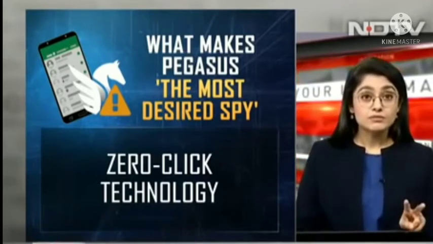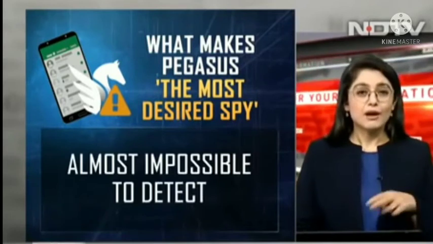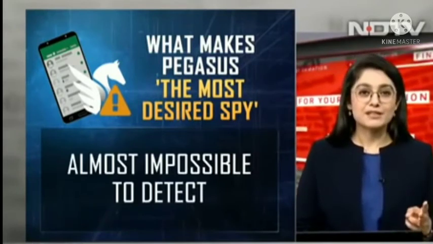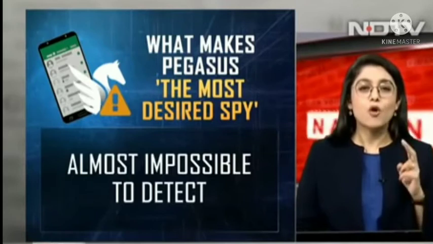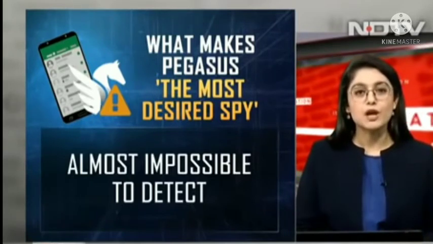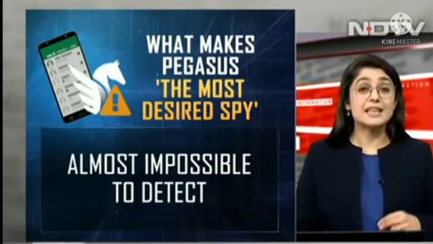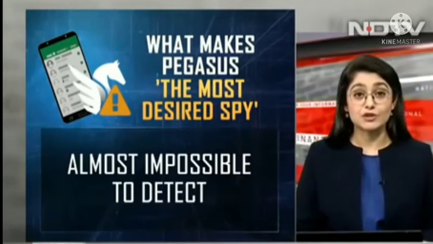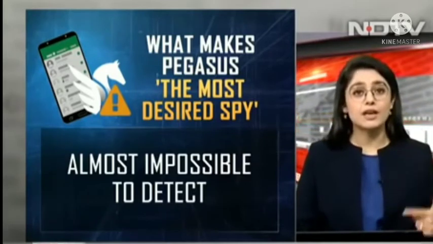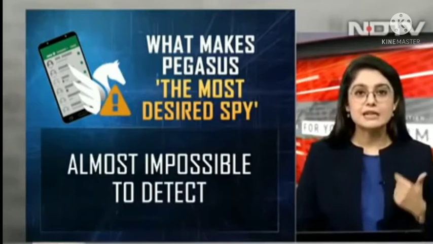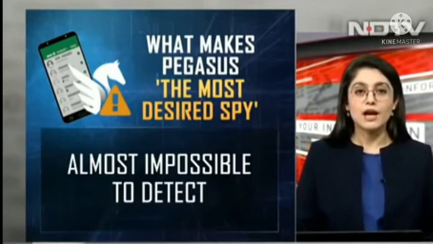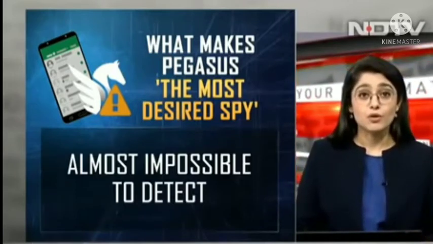Reason number 2 is that perhaps what makes Pegasus so dangerous is that it is almost impossible to detect. It is designed to gain access to your device without your knowledge, and it is constantly working in the background, reading, listening, watching all your activities, but you will never know.